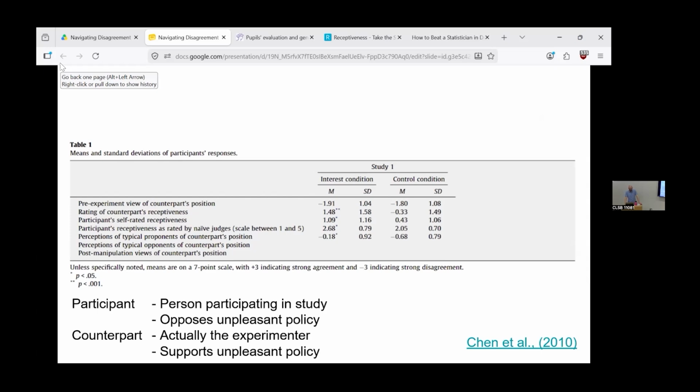And then also, perceptions of typical proponents of counterpart's position. So the counterpart asked this question. The participant now has a better perception of the counterpart and people like the counterpart who support comprehensive exams. So by asking this open-ended question, expressing an interest, you're not just doing yourself a favor, you're doing a favor for everyone who agrees with you.